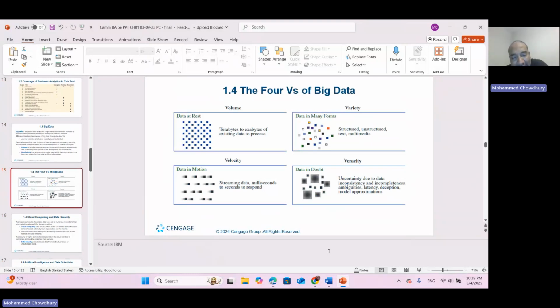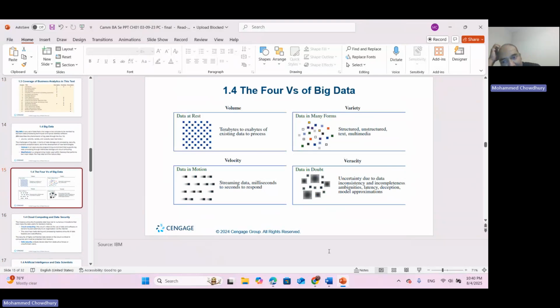Velocity means streaming data, for example, when a live game is taking place and at what time point a player scores a goal, or someone providing a live speech. Those data could be collected in milliseconds or seconds to respond.